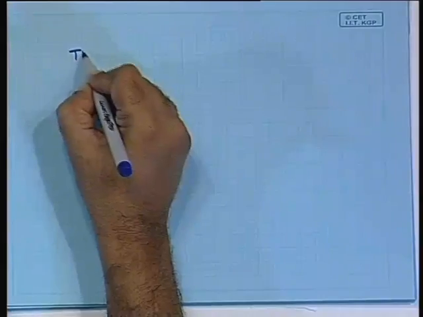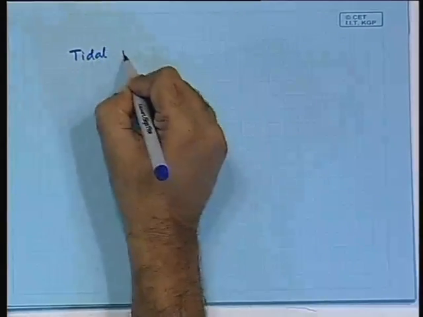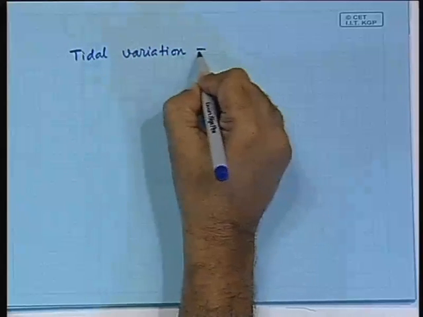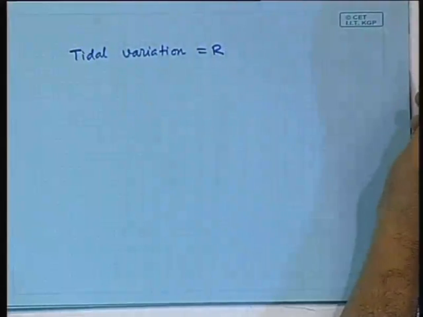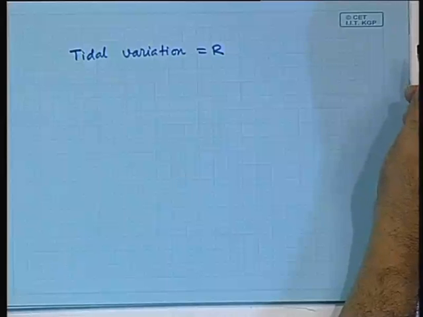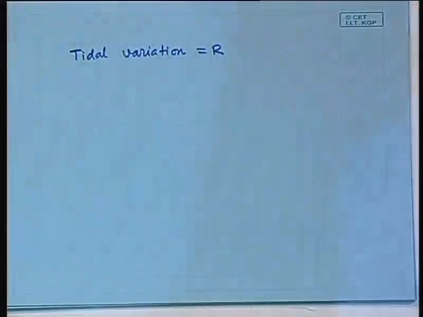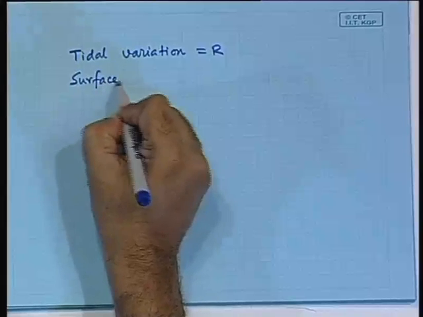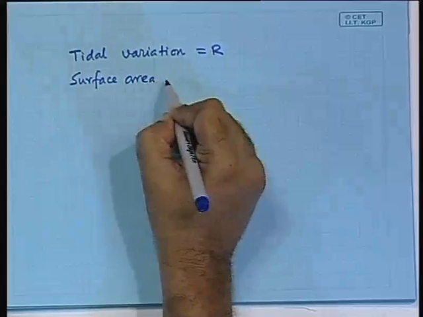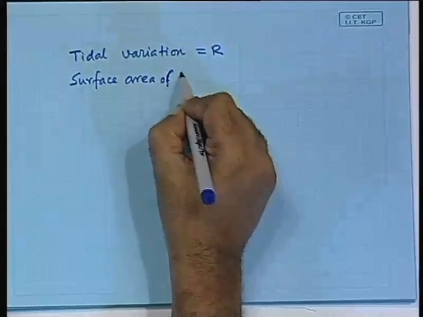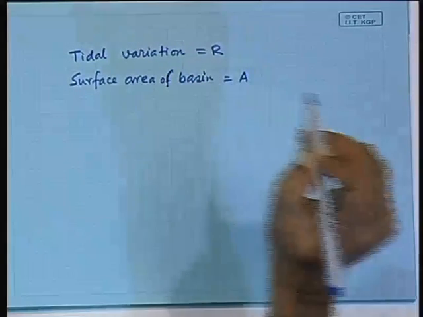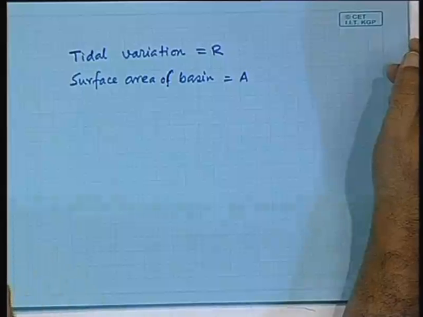So, that is the tidal variation, R, say. Okay. The surface area of the basin, let this be A.